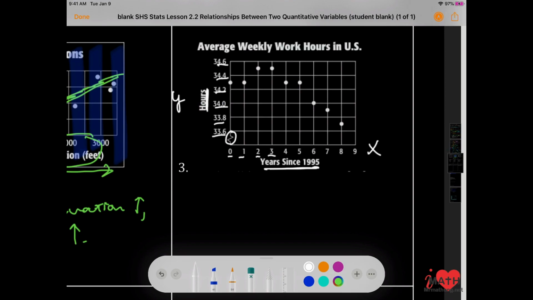Okay, so what's happening to our data here? Well, I kind of noticed this negative trend, right? As I go from left to right, the dots are going down. But you can also argue, okay, that one's a far stretch. I mean, it's kind of far away from the line, isn't it? You can kind of also say, well, does it look curved?